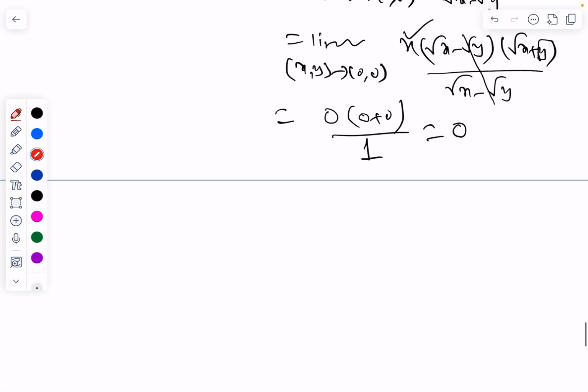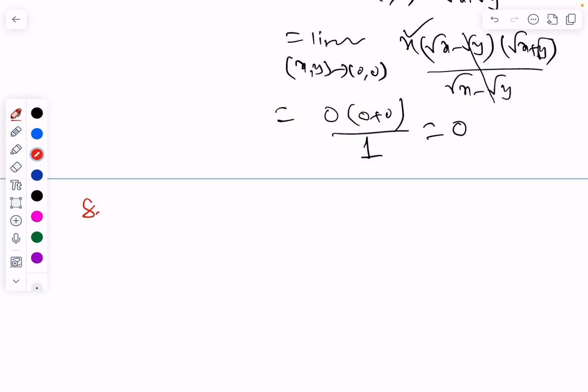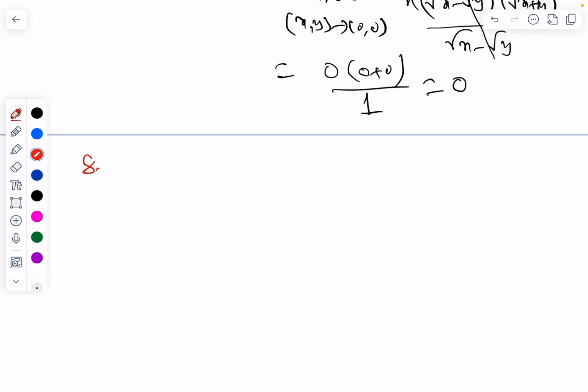We can solve some more examples in this category. Limit (x, y) tends to (1, 1) of x square minus 2xy plus y square over x minus y.